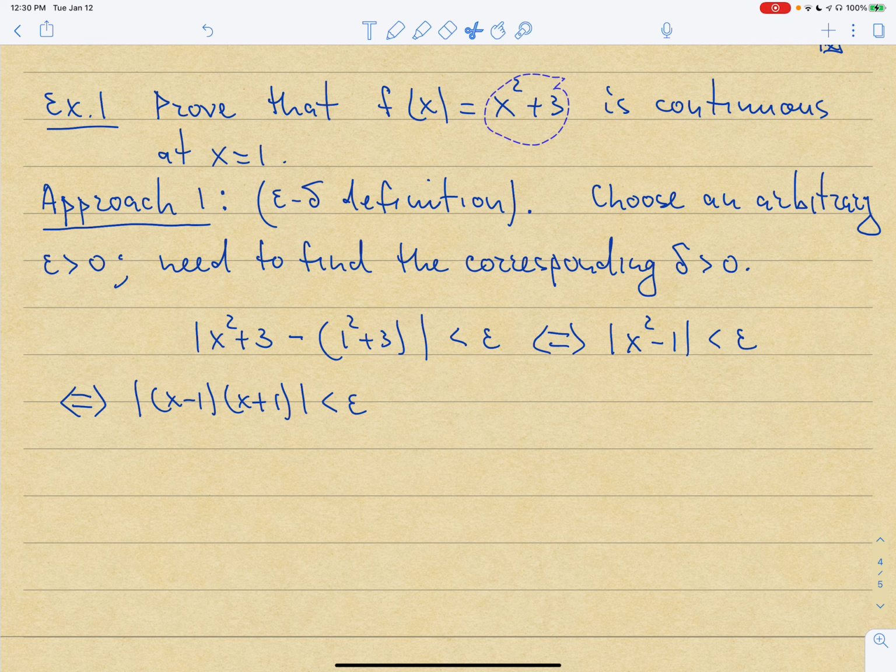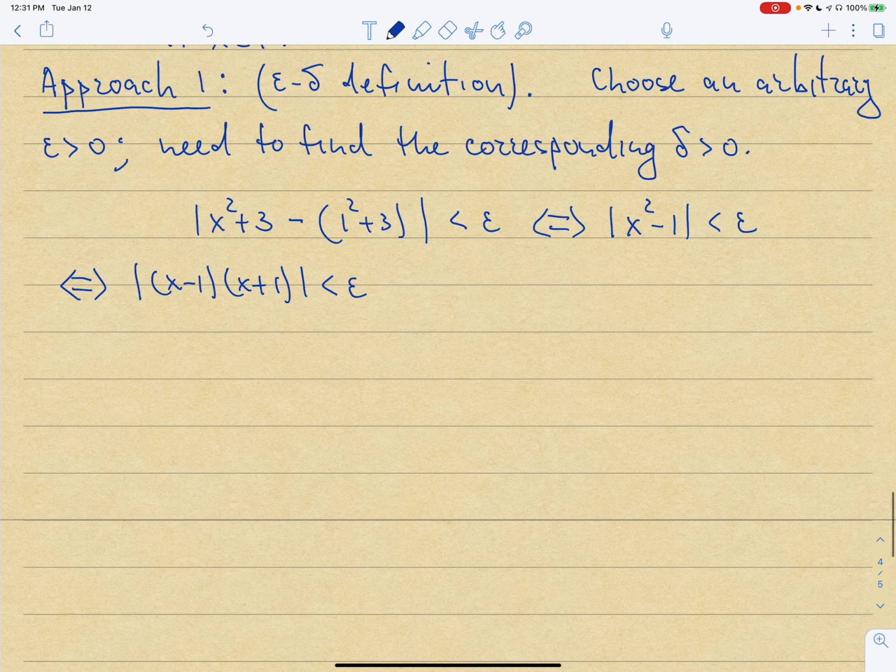So to get the value of delta, I need to discover a corresponding bound on x minus 1 that I can impose to guarantee this, right? So that means that I would like to solve this for the absolute value of x minus 1. This is the same thing as the absolute value of x minus 1 times the absolute value of x plus 1. This has to be less than epsilon.